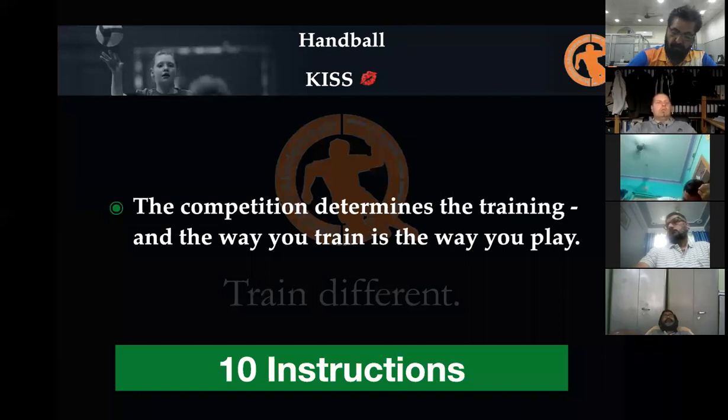If you don't use open defense, how can they use open defense maybe in a moment when it is needed in the game? So everything you want to have in the competition, you must prepare in your training. So this is the relation between training and competition, the other way around. The way you train is the way you play.